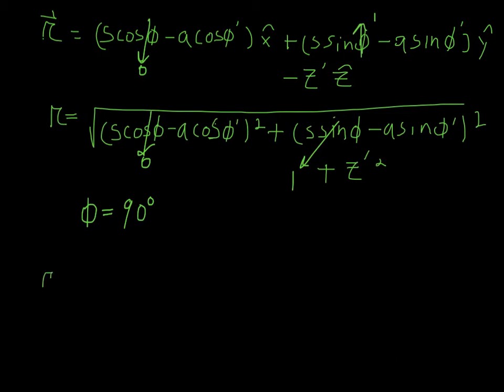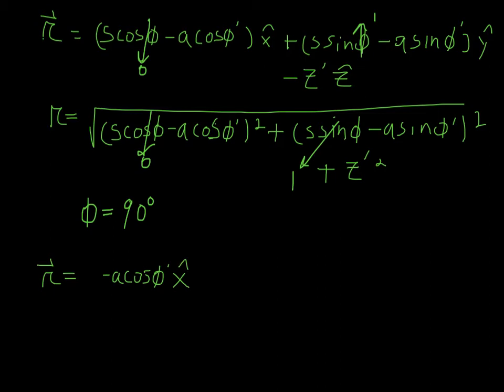All right, so our vector in this case is going to be equal to minus A cos phi prime. Bear with me here. I'm trying to speed this up because I think these other screencasts have been a little bit slow. Okay, there we go.